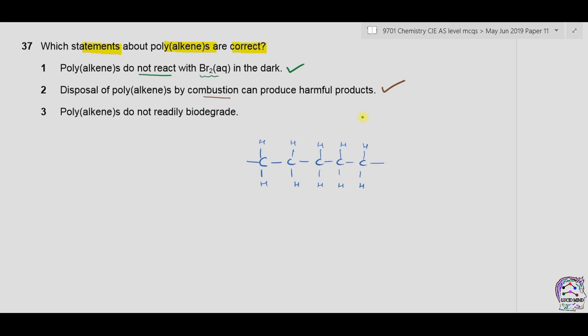This is also a true statement because the combustion of polyalkenes forms very toxic compounds such as dioxins. 3, polyalkenes do not readily biodegrade. This is also a true statement because the bonds present in polyalkenes are strong bonds and therefore they cannot be easily biodegraded by bacteria or microorganisms. As all 3 statements are correct, so therefore answer is A.